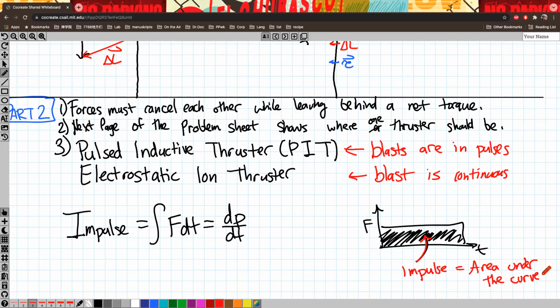So, if the force is constant, then that will have consequences on what the impulse is going to be. My time is a little bit up right now, but if you want to understand more about the advantages of pulsed inductive thrusters, where the blasts come in pulses rather than continuously, look up this term.